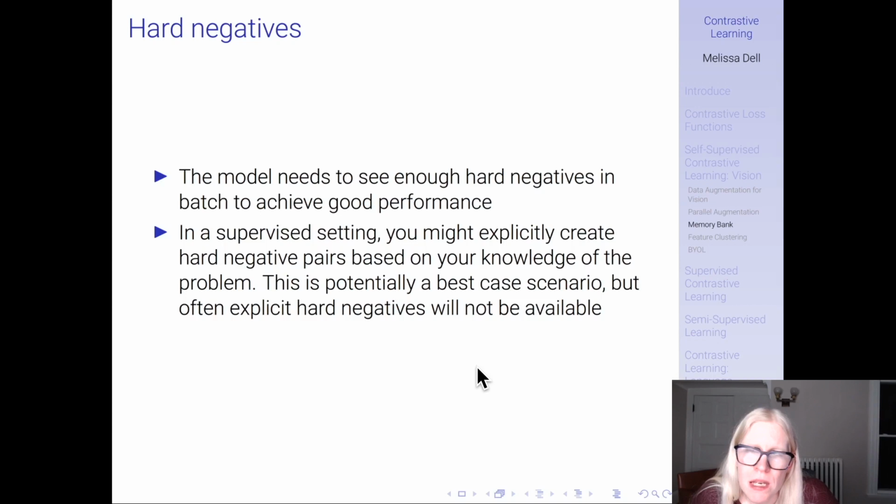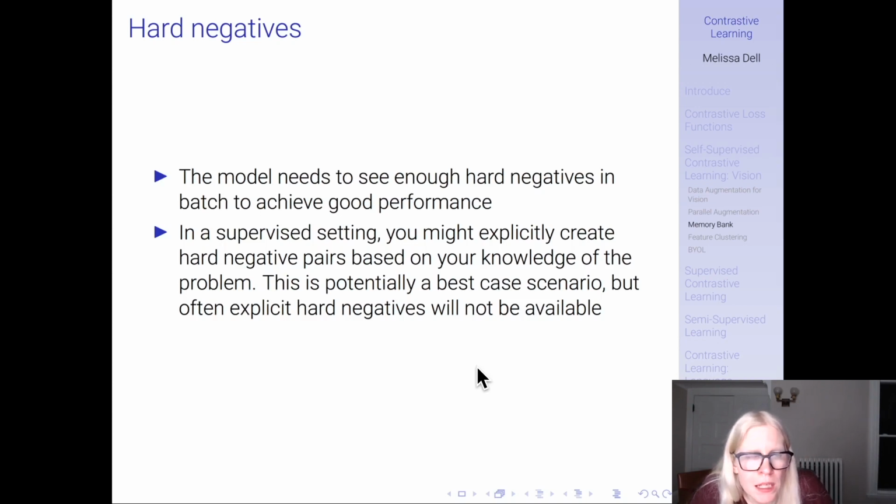When you see these very different samples, the model just doesn't update a lot because it quickly learns that these are different images. So you really need harder examples to learn from. Examples where the representations of two different images are nearby, even though they shouldn't be.